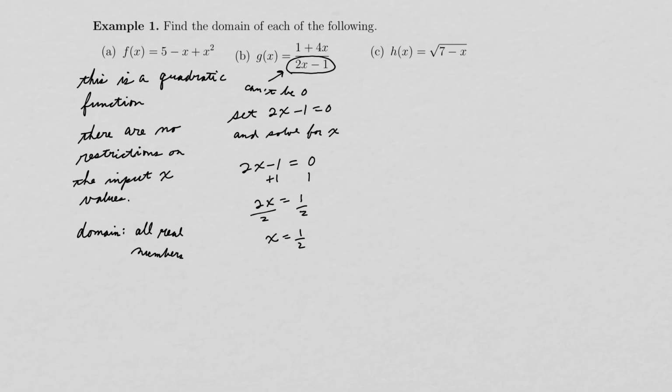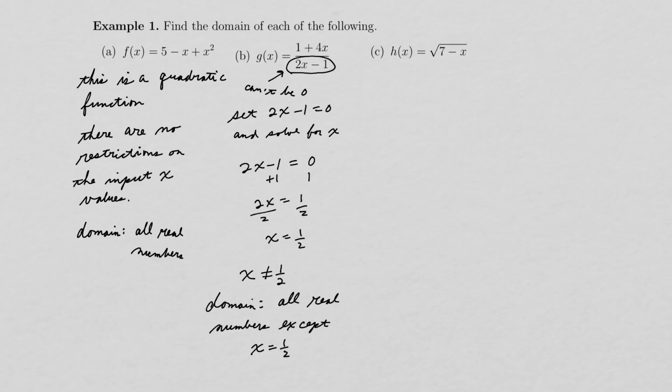So we know that x can't equal 1/2. So the domain, we can say, is all real numbers, right? Anything else is fine, except x equals a half.